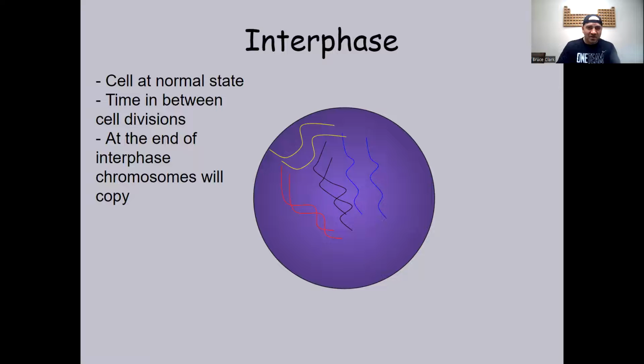So this is the time between mitosis, between cell divisions. However, at the very end of interphase, when it's about ready to go into mitosis, we are going to copy those chromosomes. We want to make sure that we make a copy of all the chromosomes getting ready to split. So step one, interphase.